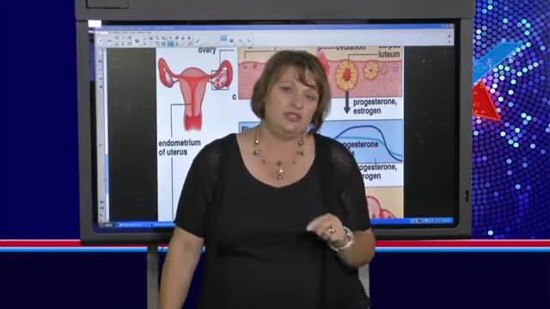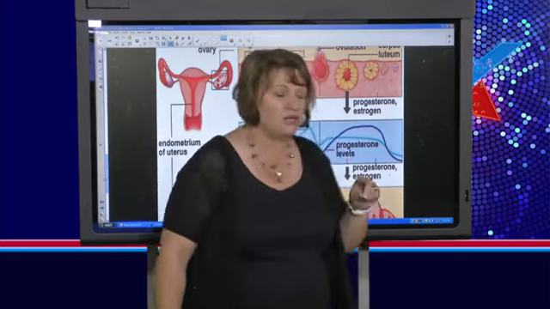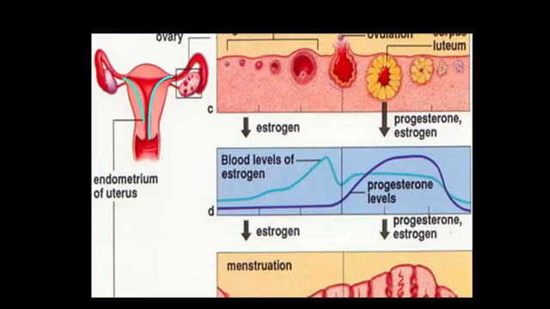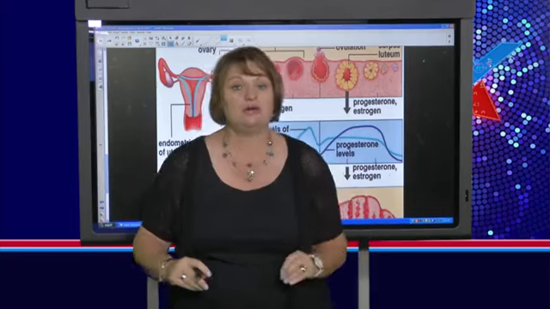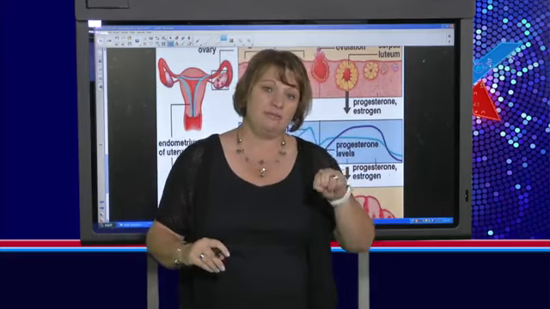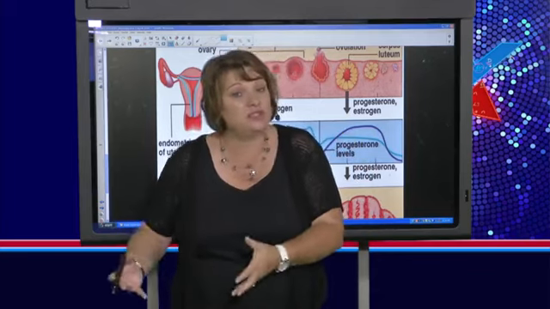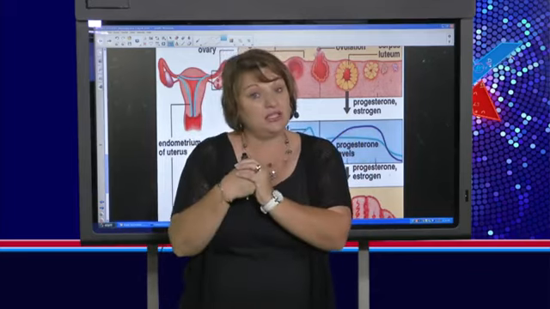In order to do that, she has to make sure that the lining of the uterus changes so that it becomes more favorable for the development of that embryo. Because pregnancy will not come to term if implantation doesn't occur.